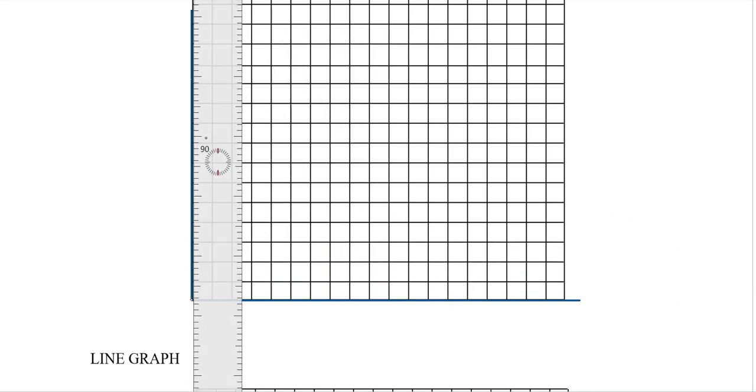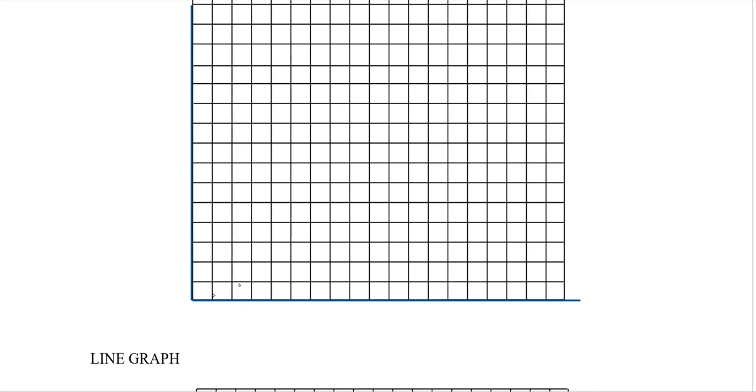So rule these lines. Our frequency was 1, 2, all the way up to 12. Remember to label, we can call it F for frequency. Must be labeling your axes.